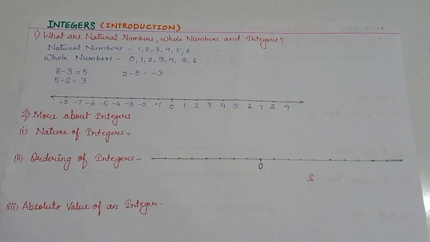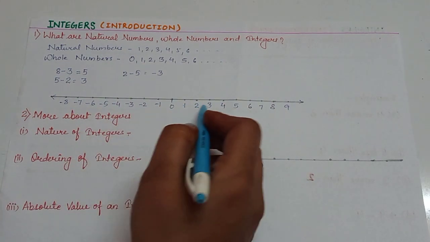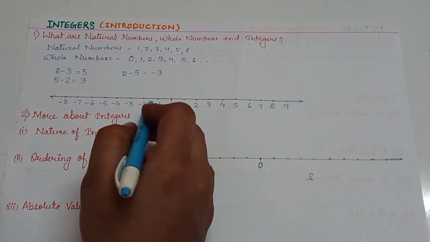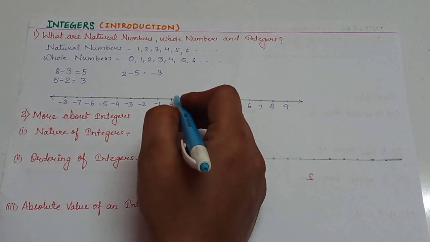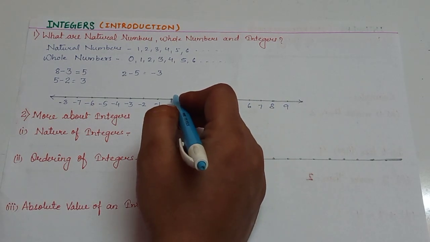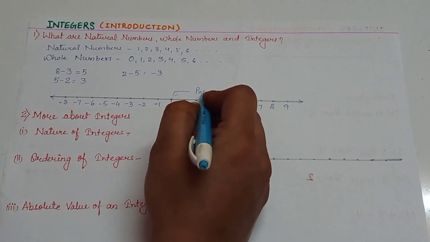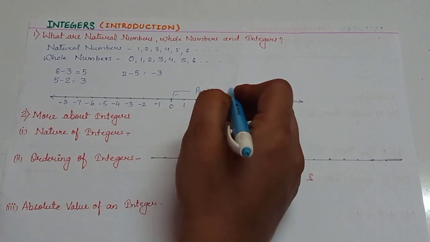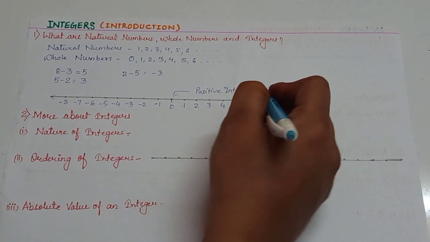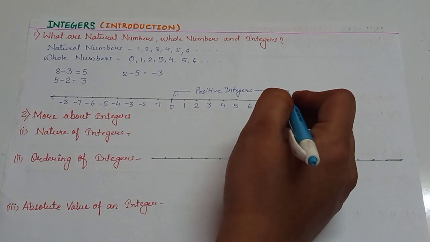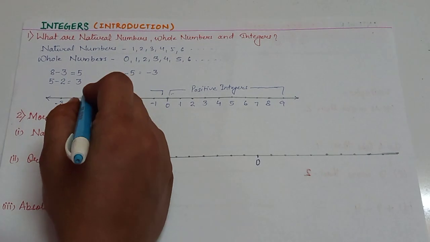And this set of numbers, including all the natural numbers, 0 and the negatives of natural numbers, are called integers. The numbers on the right of 0 are called positive integers, and those on the left of 0 are called negative integers.